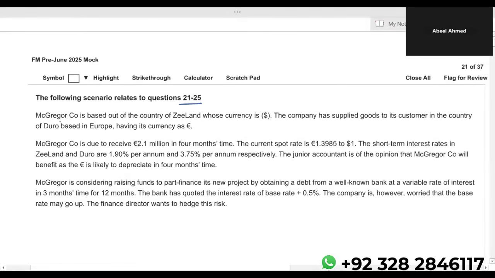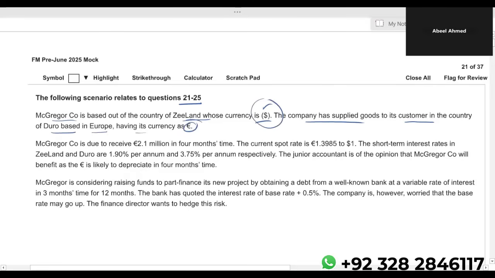Second statement. Mac George company is based out of the country of Zealand whose currency is dollars. Mac George's local currency is dollars. The company has supplied goods to a customer in a country of Euro based in Europe, having currency euro. So your home currency is dollars.